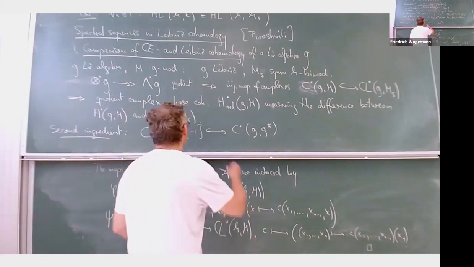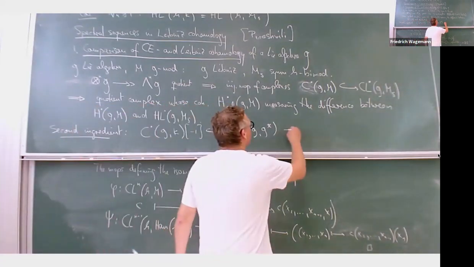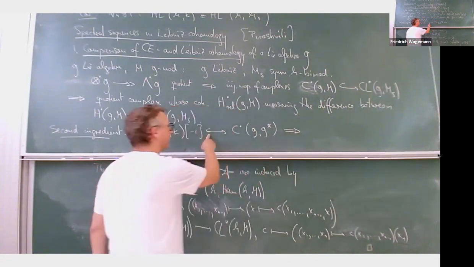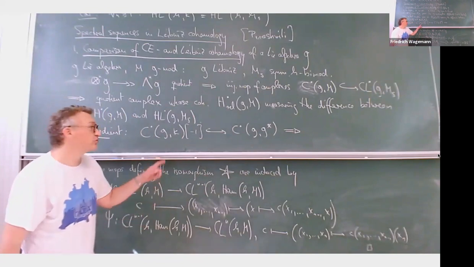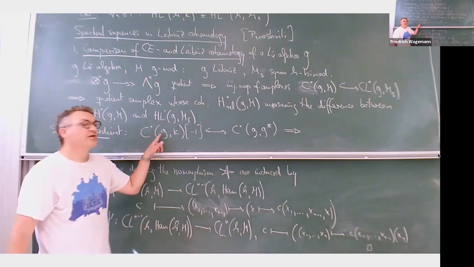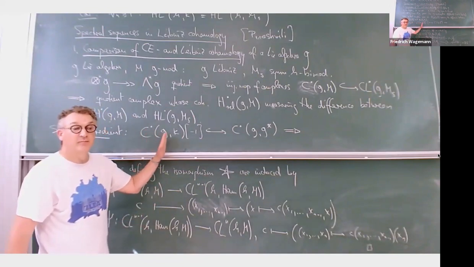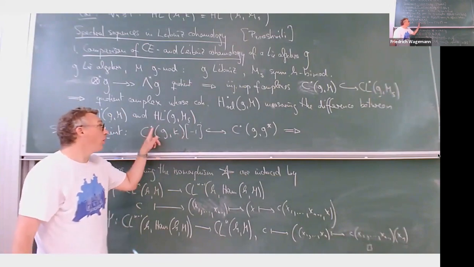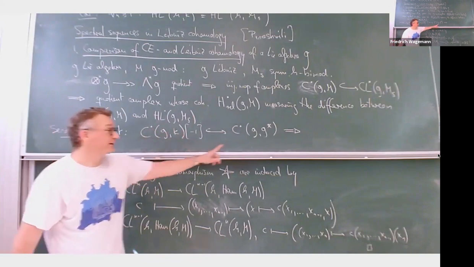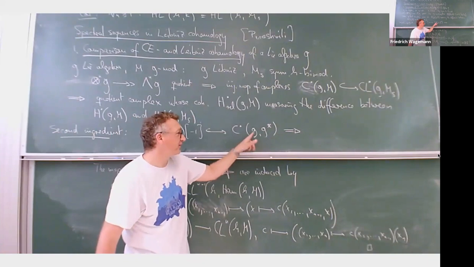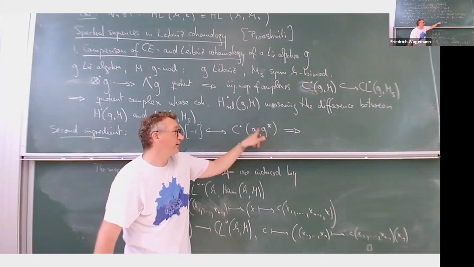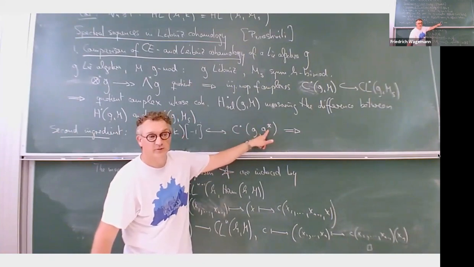And this in fact is an inclusion. Why is it only an inclusion? Here, the cochains are anti-symmetric in all the arguments. But here, they're not anti-symmetric in all the arguments, only in the first arguments, but not with respect to the last argument.